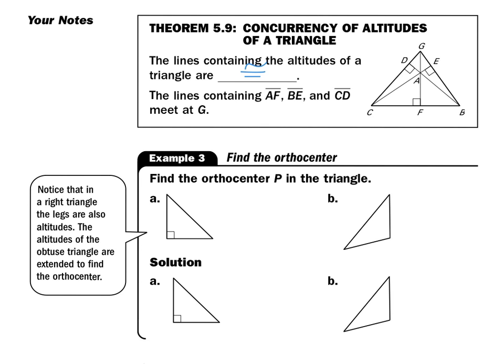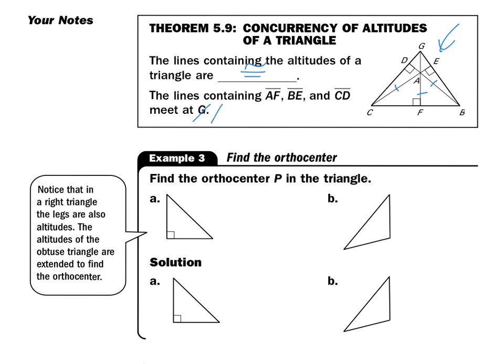In other words, in this diagram here, CE, BD, and GF, these three lines all meet at one point. And of course, they meet at A.